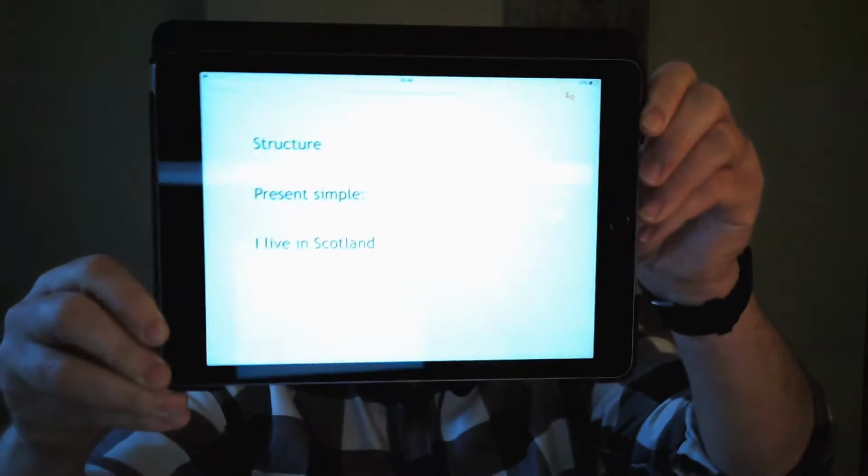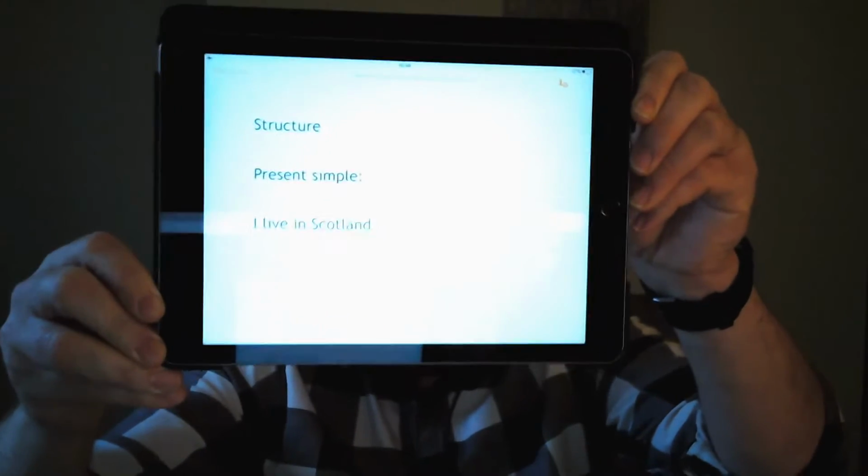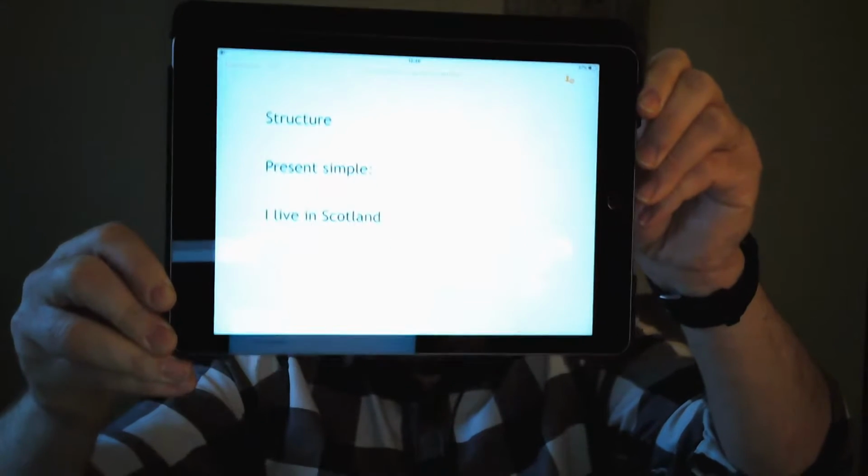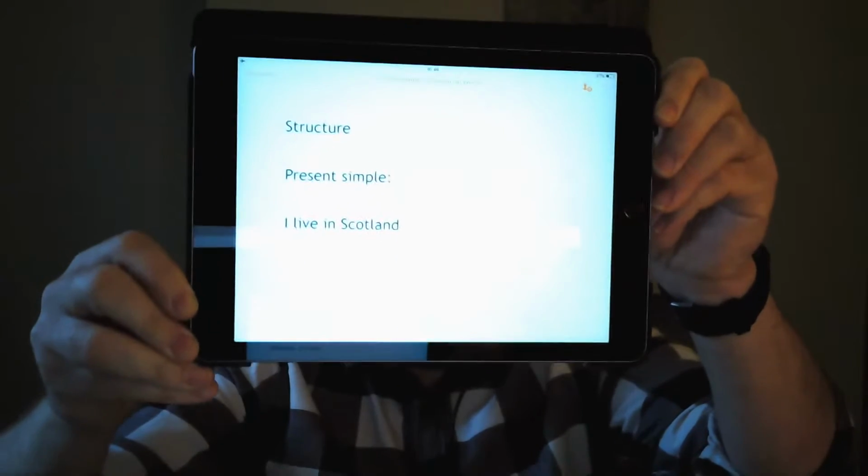Okay, so simple sentence, present simple sentence as well. So we're talking about structure, present simple. A positive sentence is I live in Scotland. So what I want you to think about, and put the answer in the chat box if you want to, is how would you make this negative?